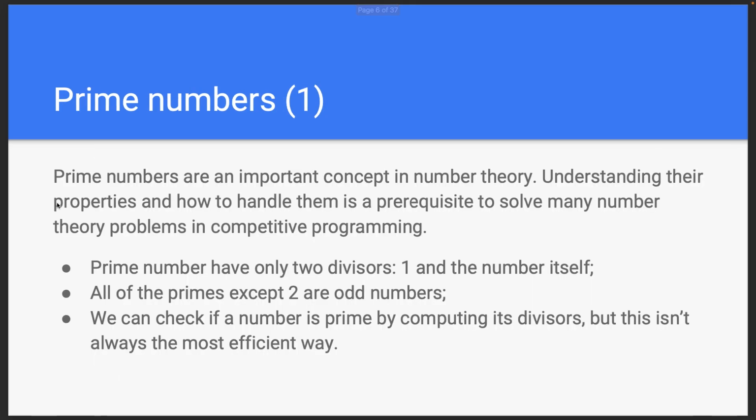Then the next concept, which is very widely known, is the idea of prime numbers. Prime numbers, as you may know, are numbers that only have two divisors, which are 1 and the number itself. Prime numbers are very important in number theory, but also of course in competitive programming, even in easier problems.